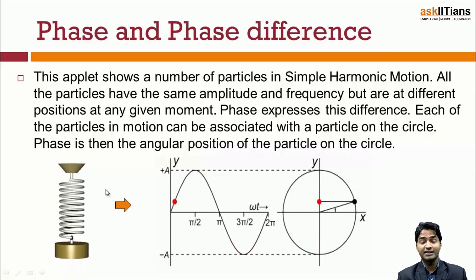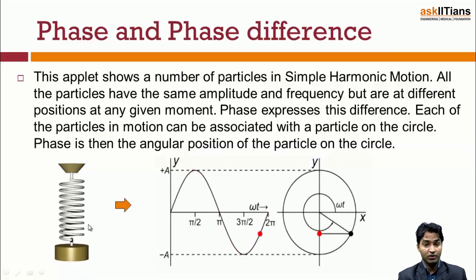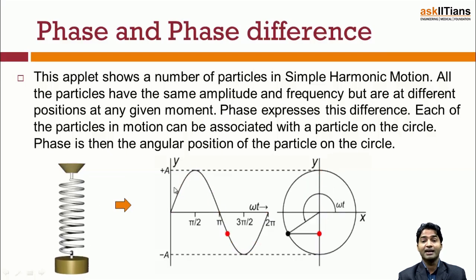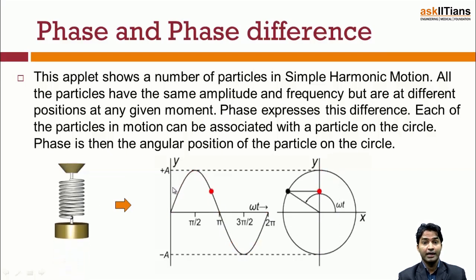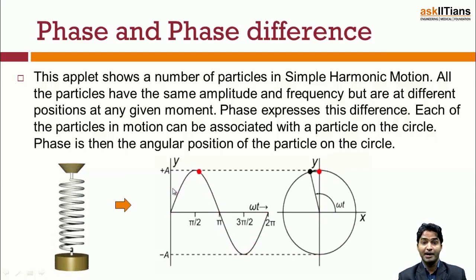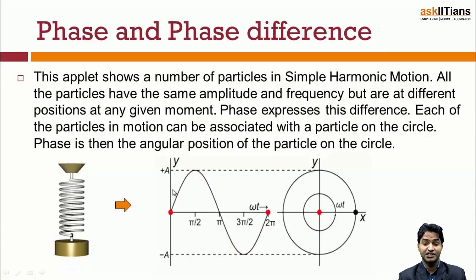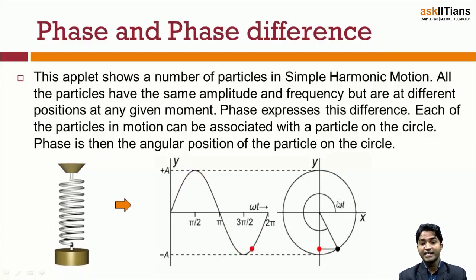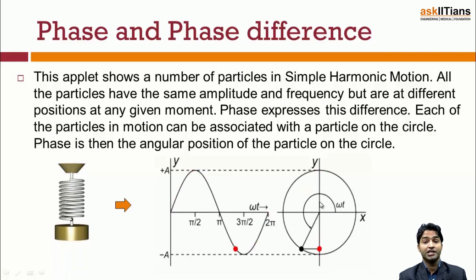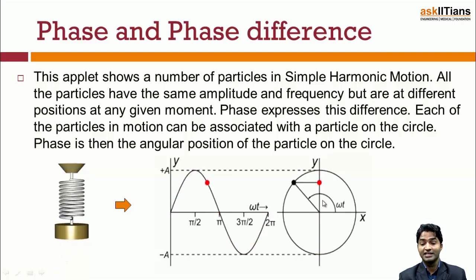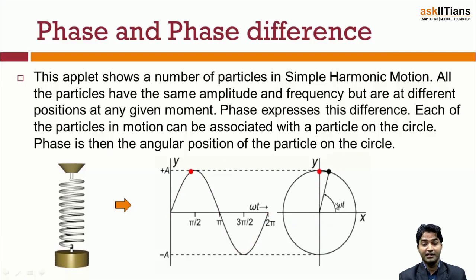So here we can say in the case of a spring and block system, it executes simple harmonic motion. The particle just goes to and fro, in which its displacement changes from maximum to minimum, minimum to maximum. The direction changes continuously. Also we can say omega t is just the angular displacement from the mean position, which is a function of angular velocity at any time t.